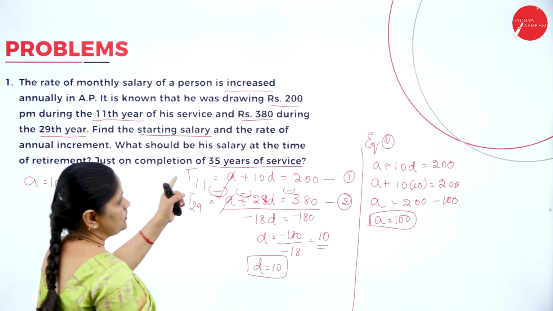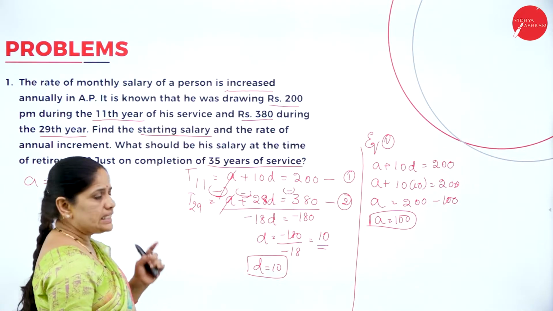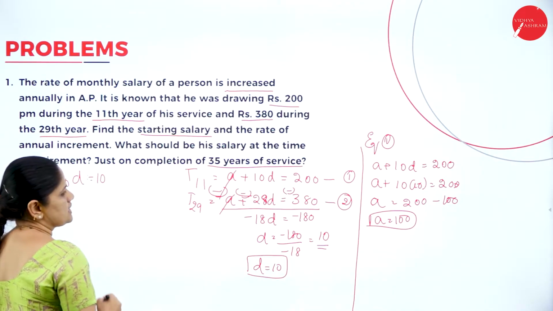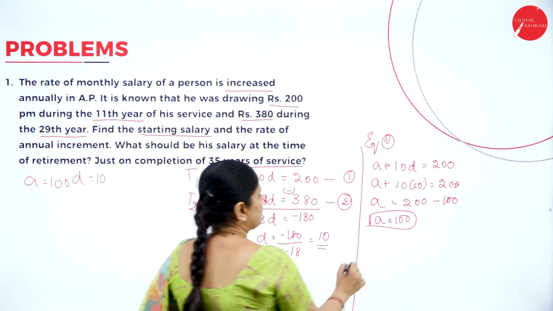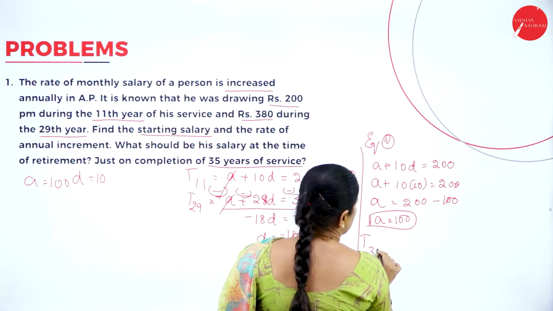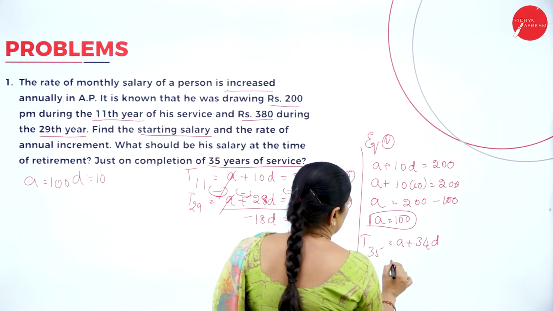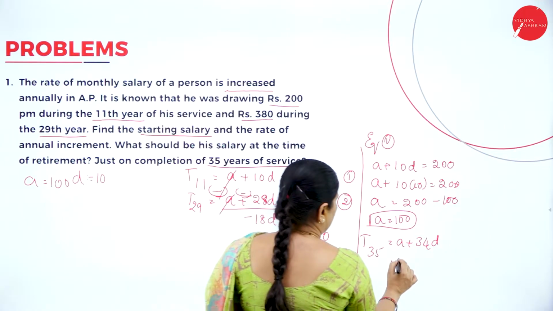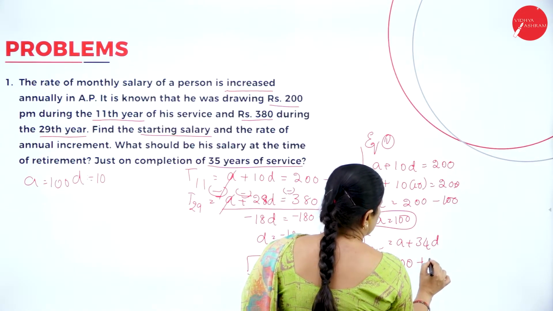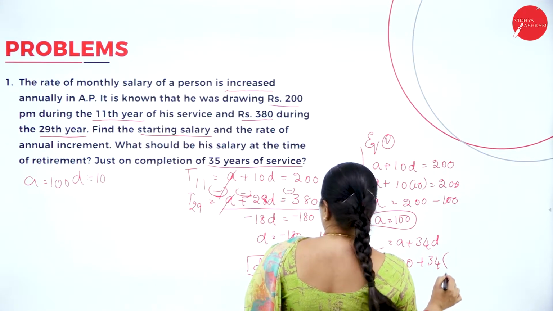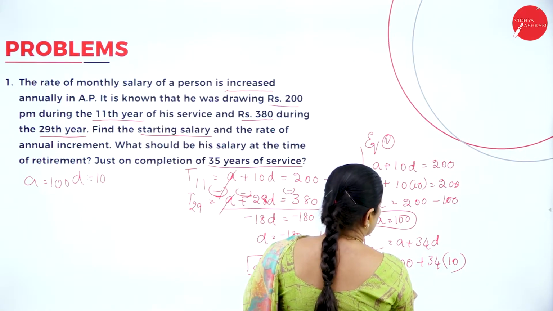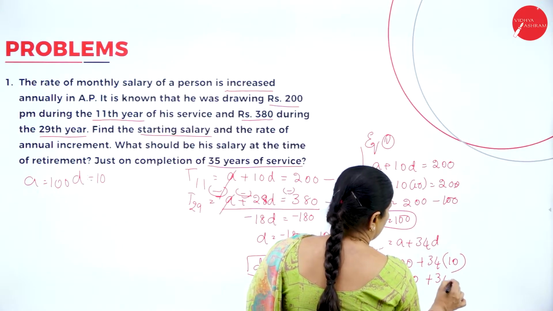Now, we have to find T35, that is the 35th year of his service. So, T35 equals A plus 34D. What is A? 100 plus 34 into D, which is 10. So, this will be 100 plus 340.